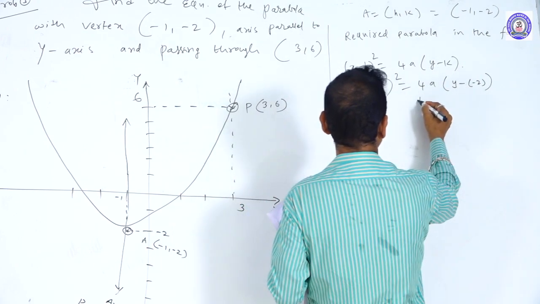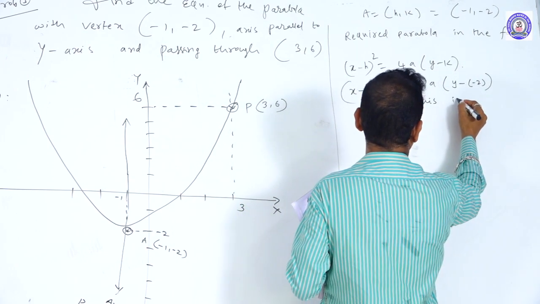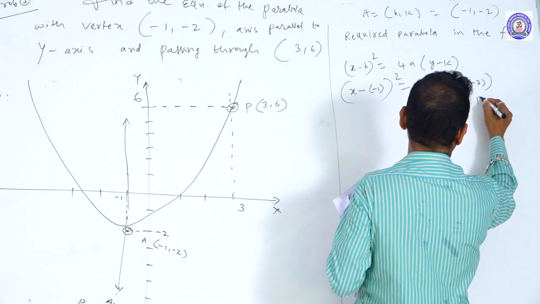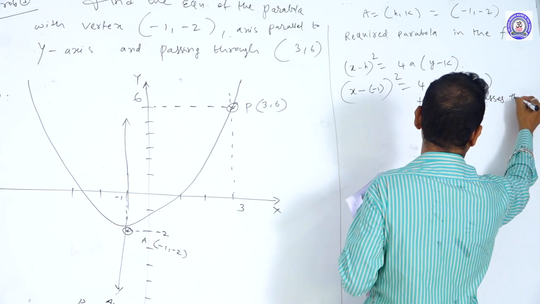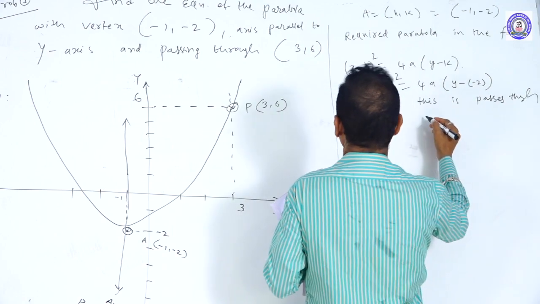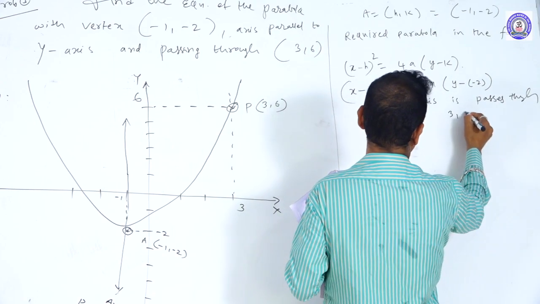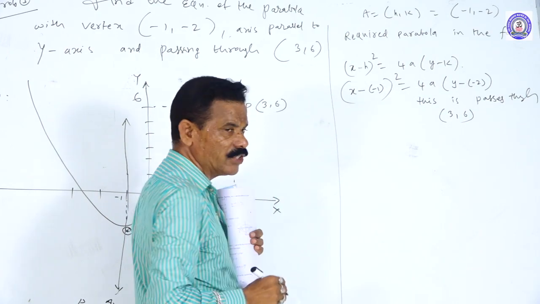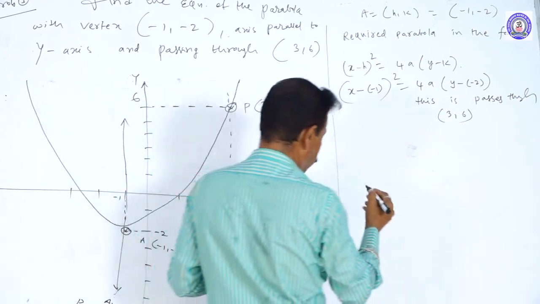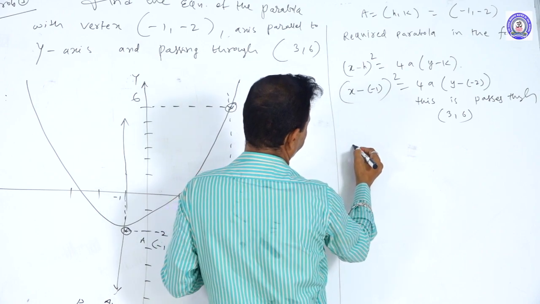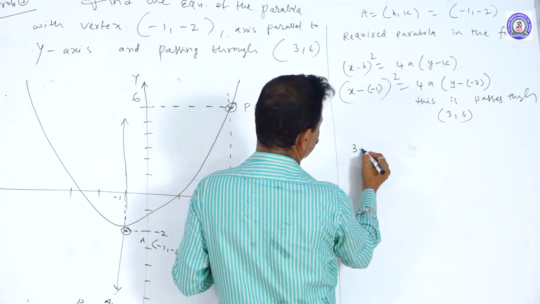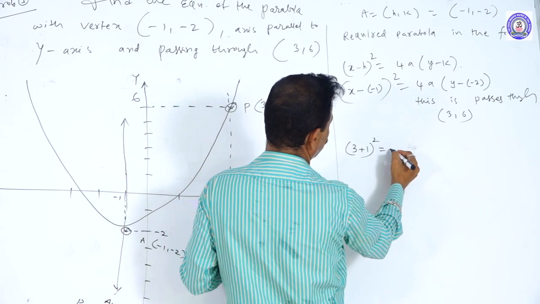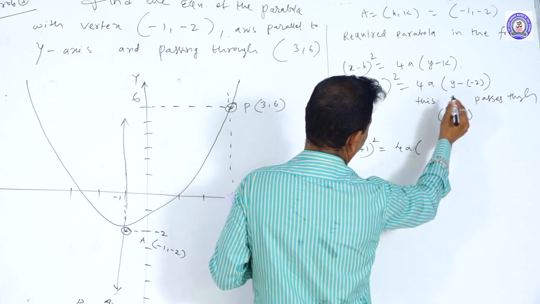So this passes through the point (3, 6). We substitute (3, 6) in that equation and we get the a value. So x is 3, minus of minus 1 whole square is equal to 4a into (y plus 2).